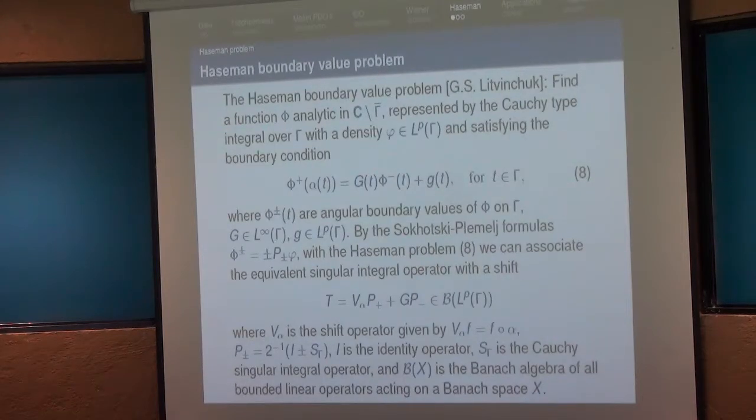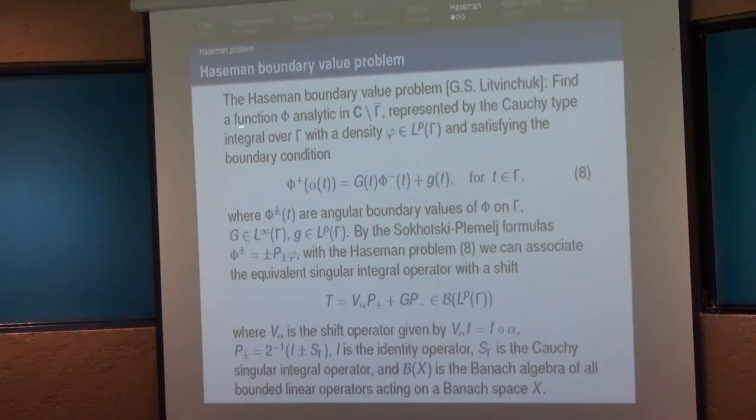Now another application of pseudo-differential operators to singular operators. This is an application to a boundary value problem, which is called the Haseman boundary value problem. And this is given by my chief, Professor Litvinchuk, in his old book, 64.